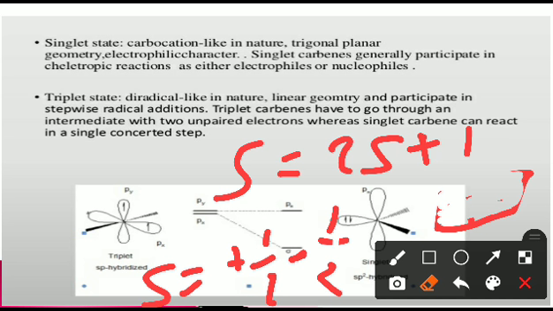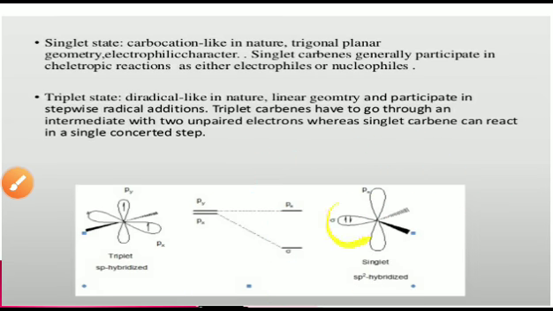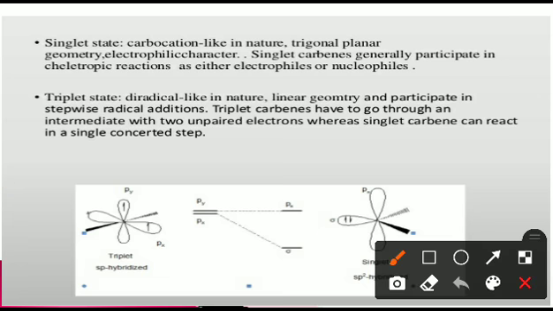If we put the value into this formula, we get 2 into 0 plus 1, which is equal to 1, and that's why it gives us the singlet. Understood? That's why it is called a singlet carbene.